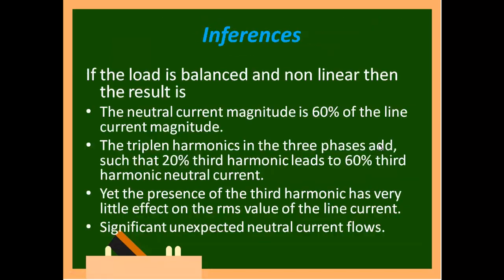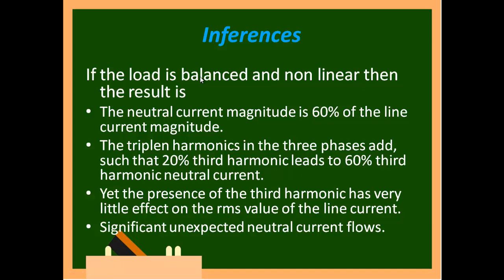If the load is balanced and non-linear, then the neutral current magnitude is 60% of the line current magnitude. We will not go for unbalanced loads. I have already told you that you can directly calculate the total number of loads and try to balance them.